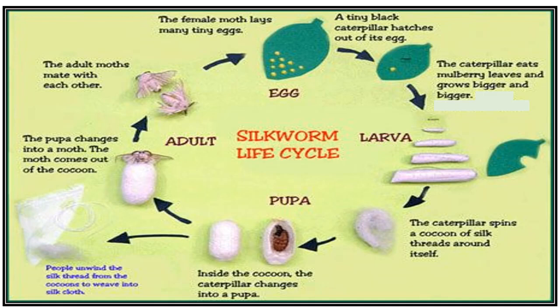Otherwise, the pupa changes into a moth. The moth comes out of the cocoon. Gradually, with time, it turns adult. The adult moths mate with each other and the cycle repeats itself once again.